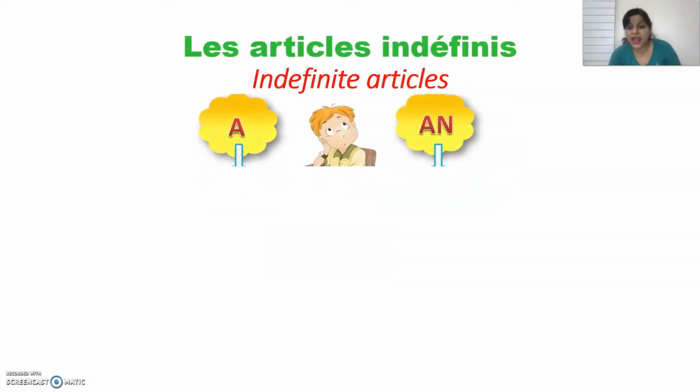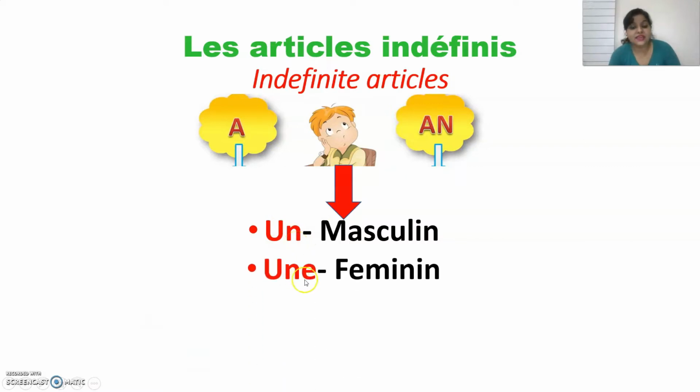So let's see. For writing down a or an in French language, we have 2 ways. Which are those 2 ways? That is un, and the next way is une. Un is pronounced as un and une is pronounced as une. So these are the 2 ways in which you can write down a or an in French language.